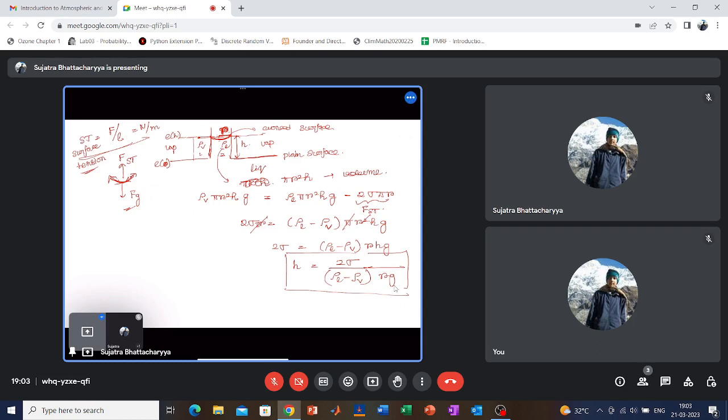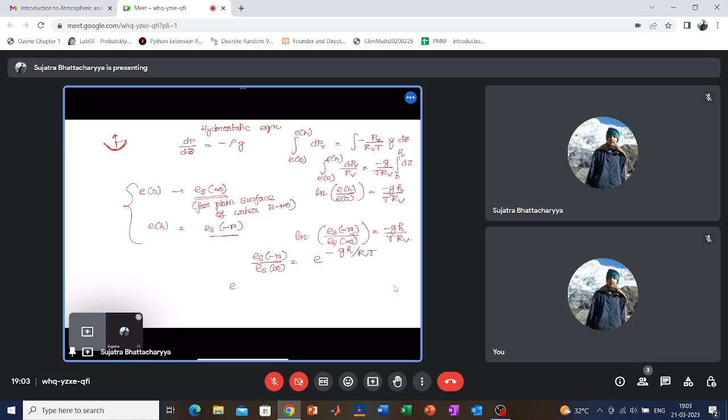So I get Es of minus R equal to Es of infinity e to the power minus 2 sigma divided by RvT rho L. Here there is an assumption that rho L is much greater than rho V, that's why rho V we have not written.